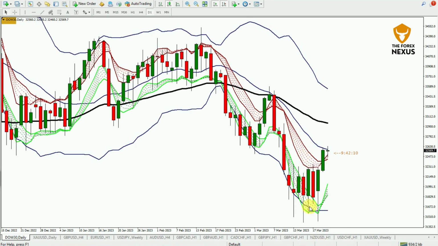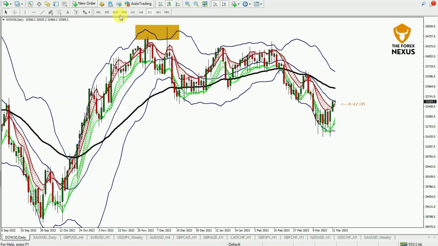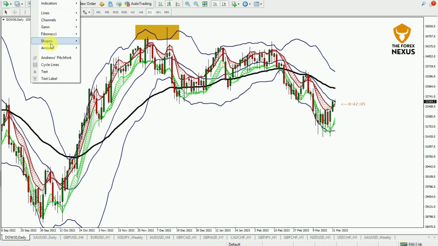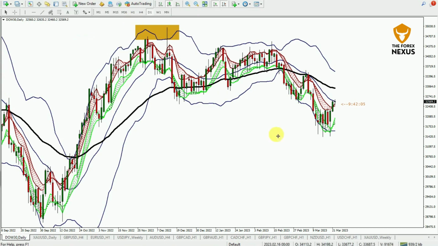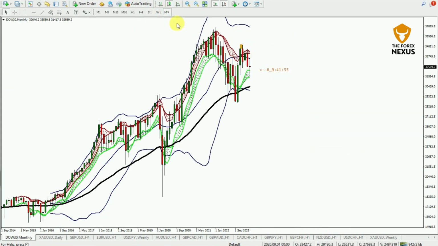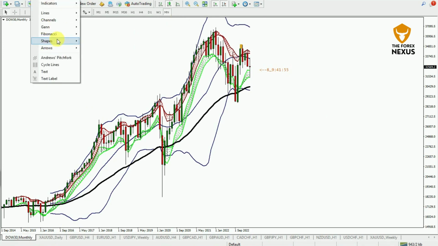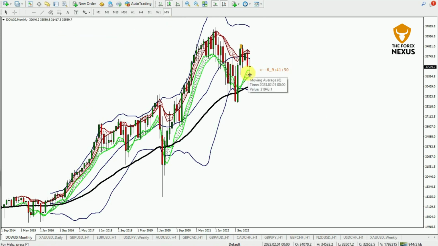Now at this point, let me mark this area. Monthly, this is the monthly area for buy.